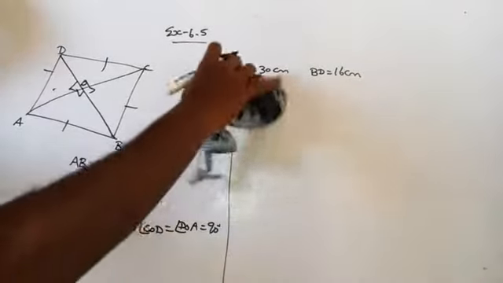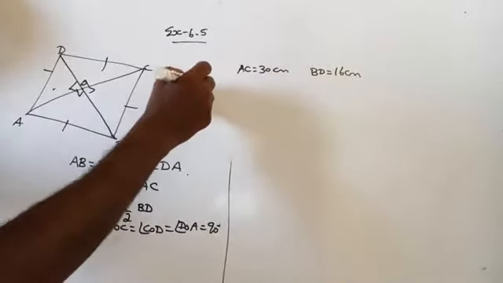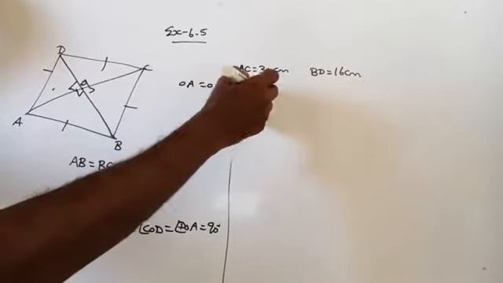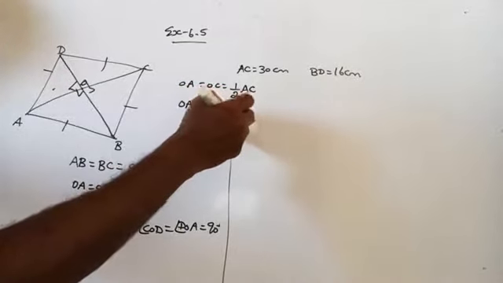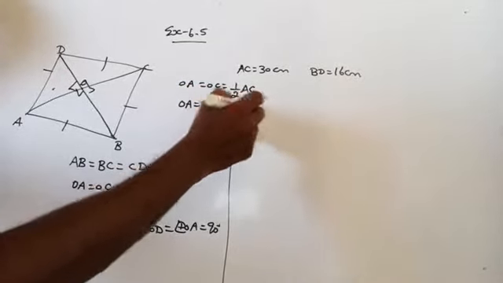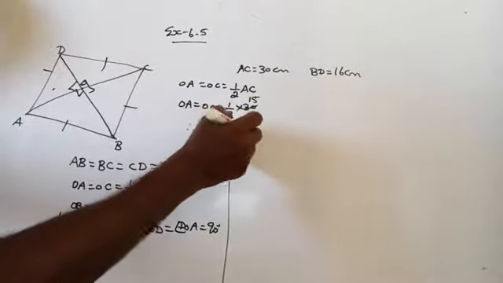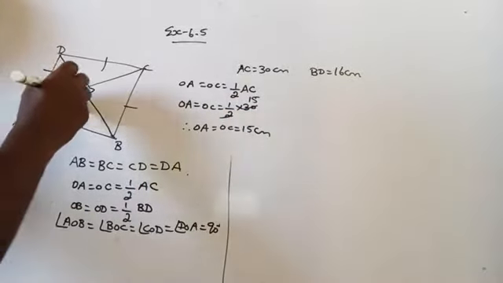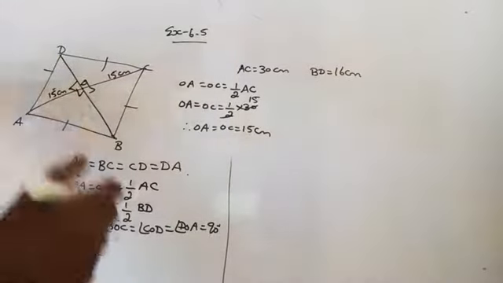Therefore OA equals OC equals half of AC, which is half of 30. 2 15s are 30. So therefore OA equals OC equals 15 centimeter. Are you getting dear? Yes. Then BD is given for us.